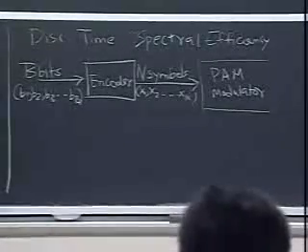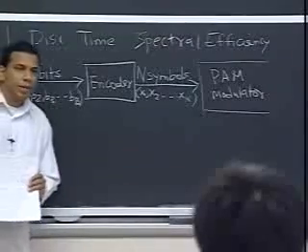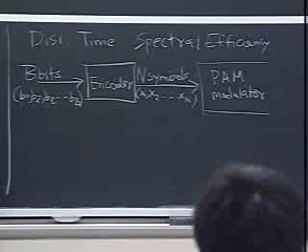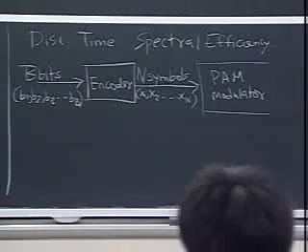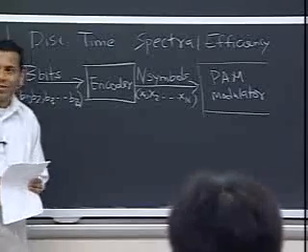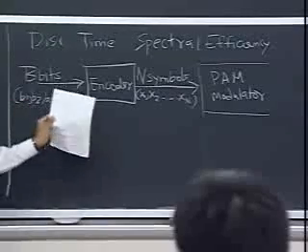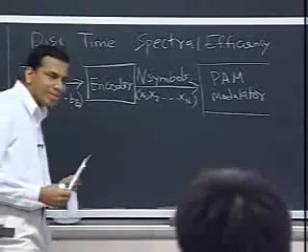You have B over N bits per symbol. Now, how many symbols do you have per dimension if this is an orthonormal PAM system? You have one symbol per dimension, right? So you have B bits per N dimensions, in other words.